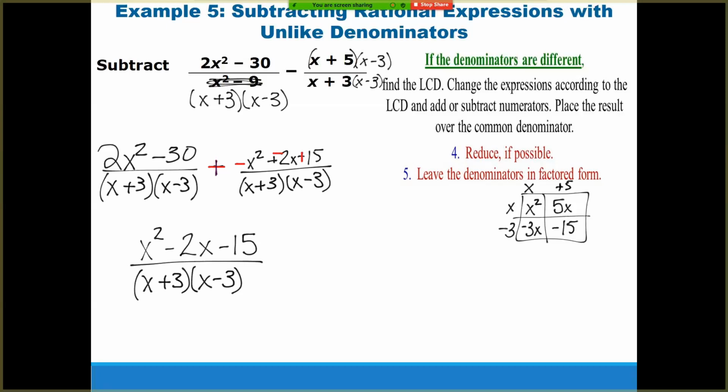Unfortunately, the top is another asterisk problem. So you've got x squared. We've got to check to make sure there aren't any common factors in the top and the bottom. So we've got to use our asterisks. So looking at the top, I have 1 top left, top right, negative 2 in the bottom middle, and negative 15 in the top middle. Two numbers that multiply to give me negative 15, but add to give me negative 2: negative 5 and positive 3.